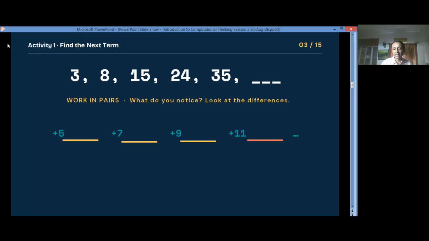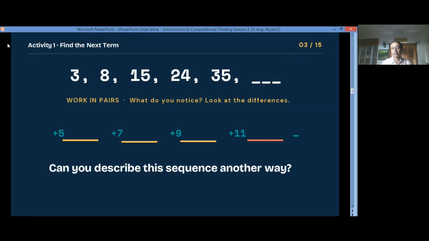Now, this is one way to interpret the pattern. Is there a way for us to describe this sequence in any other manner? The way we have described is plus 5, plus 7, plus 9, plus 11, which incrementally represents the pattern. But if you observe the pattern very closely, there is another way by which we can represent it.